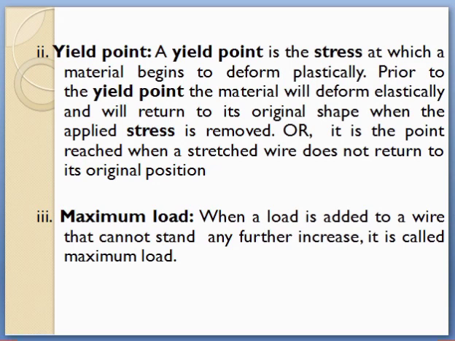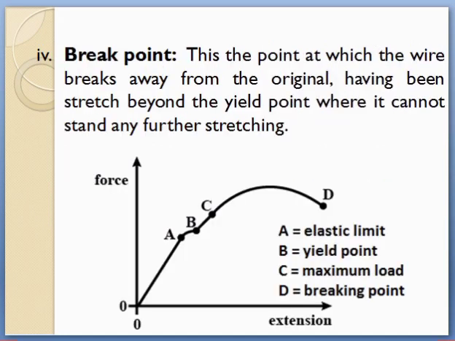This occurs when a load is added to a wire that cannot stand any further increase. And lastly, break point. This is the point at which the wire breaks away from the original, having been stretched beyond the yield point, where it cannot stand any further stretching.